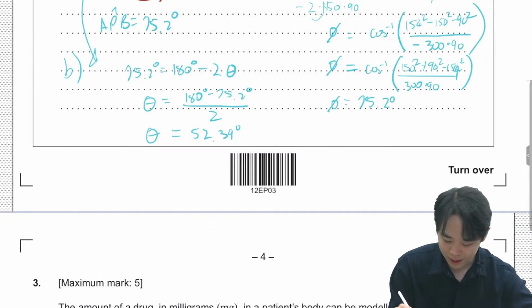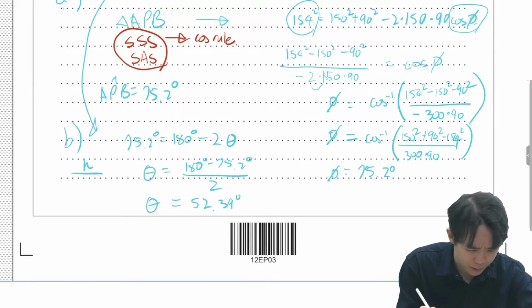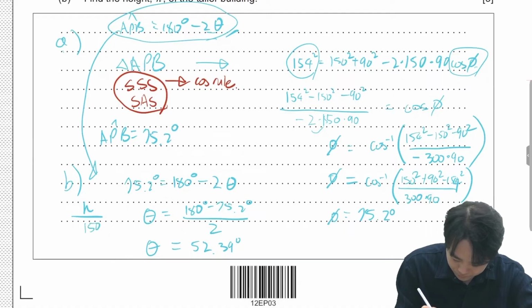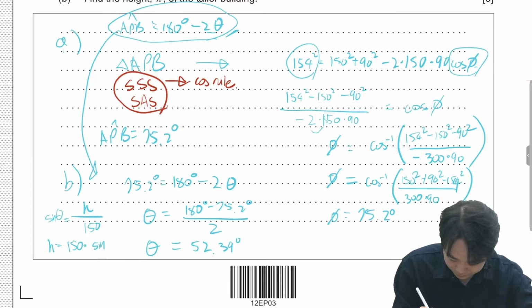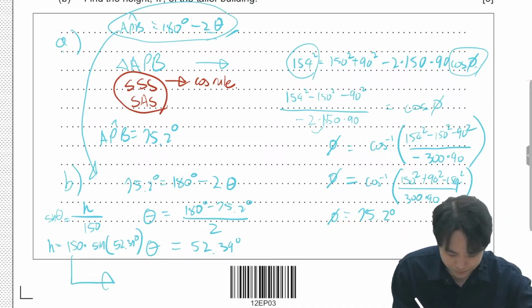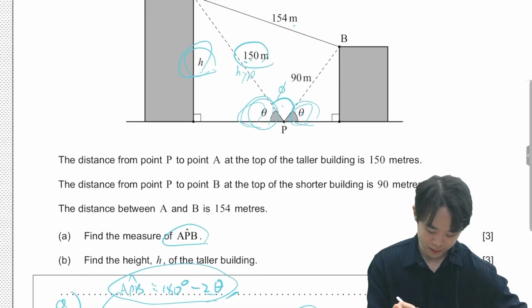So h over 150 is going to equal sine theta right here. So height is 150 times sine of 52.39 degrees. What does that give us? In our calculators, that should be around 119 meters, rounding to 3 sig figs. Okay, so we're done with part 2.